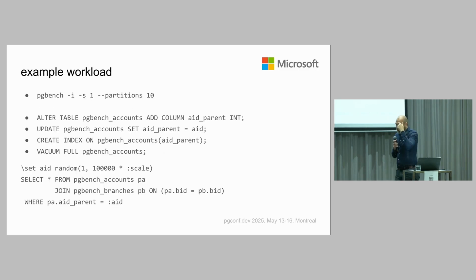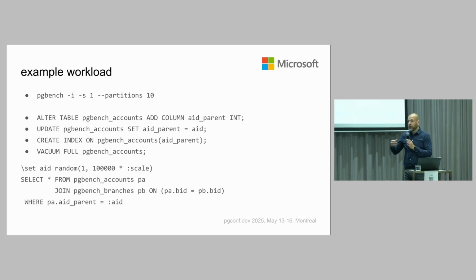So this is a very simple example of a workload mimicking what the customer was observing. It's a pgbench with just 10 partitions, nothing insane, right? We should definitely be handling this just fine. And then there's a modification that changes the schema, which means that if you query on the new column, it can't actually eliminate partitions, right?